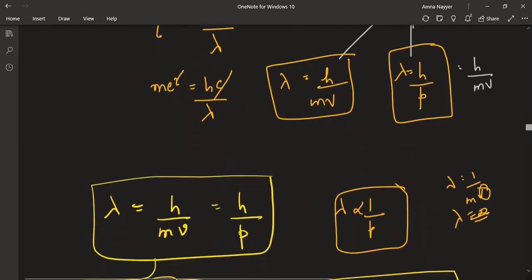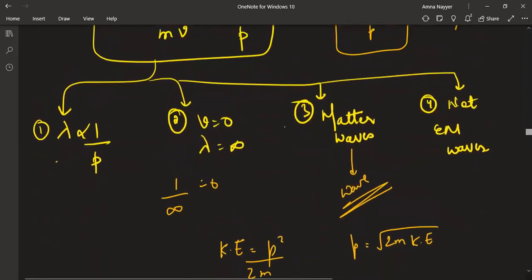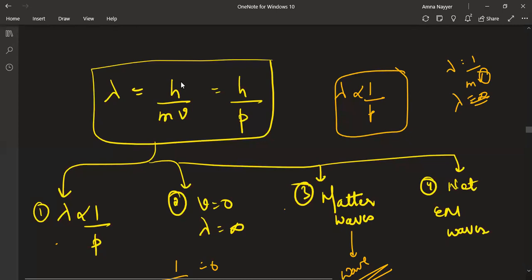Now see these 4 points. These are important. One says that according to this relation, when you see this formula, lambda is equal to h by p or lambda is equal to h by mv, you'll easily find out that lambda is inversely proportional to p. It means wavelength is inversely proportional to momentum.